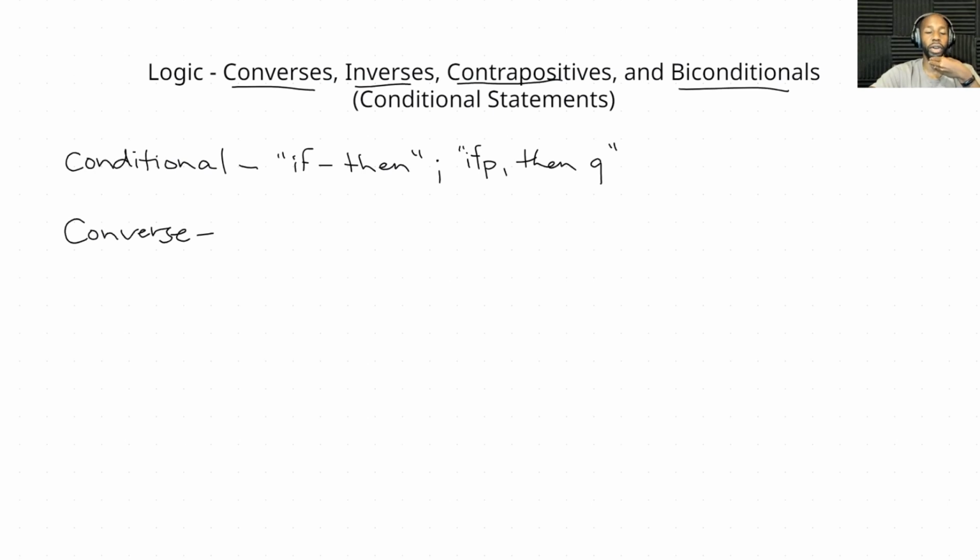A converse is essentially when the hypothesis, which is where the P is, whatever follows the if, is switched with the conclusion, whatever follows the then. So the converse is basically if Q, then P. That's all it is.